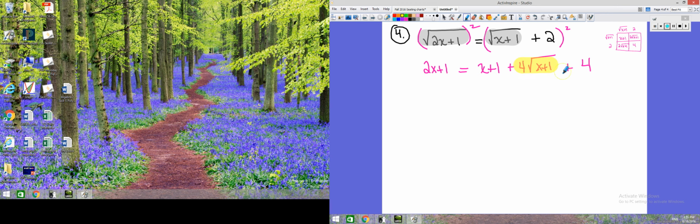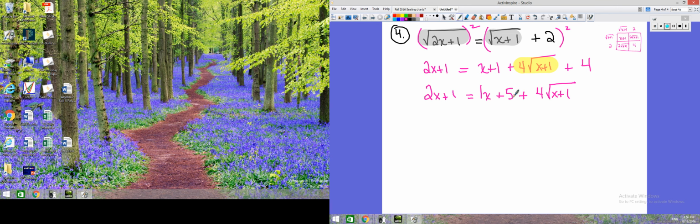So at first it may not seem like it's getting simpler, but it actually is. We need to get this term by itself, all right? So maybe first, so that you don't do too many steps at once and make any silly mistakes, the x is going to be there. I'll put a 1. 1 plus 4, hey, that's going to be 5. And then I have this 4 times radical x plus 1.